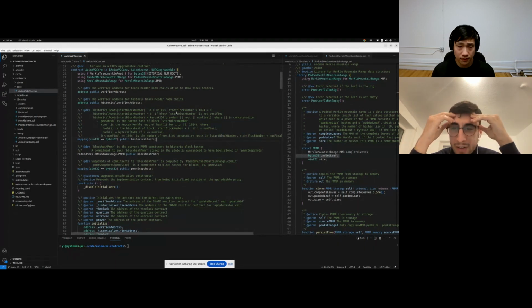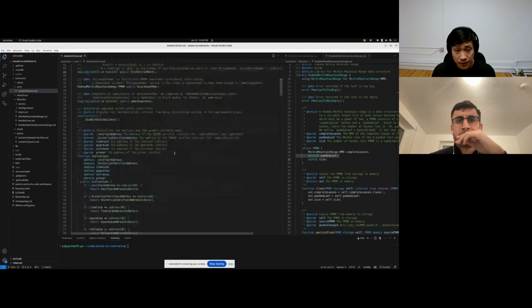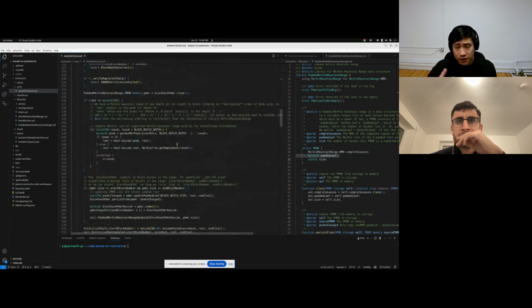Okay, why 1024? Just arbitrary number? Yeah, 1024 is chosen for two considerations. The first is that we need to keep this updated. And so as blocks are appended, we need to prove the new suffix of the block hashes of Ethereum that aren't covered.